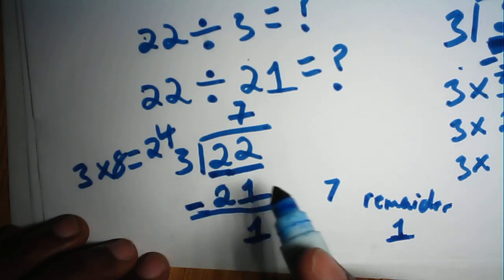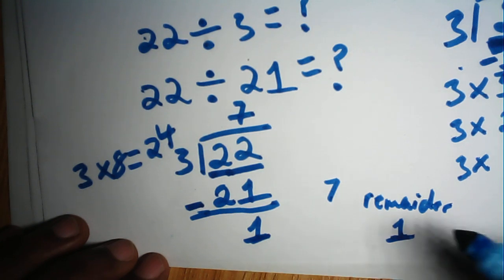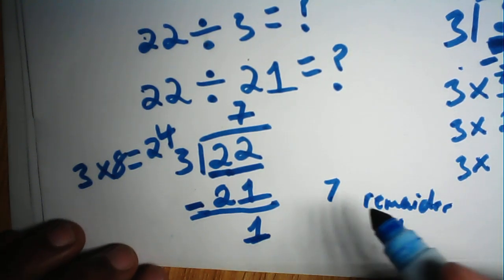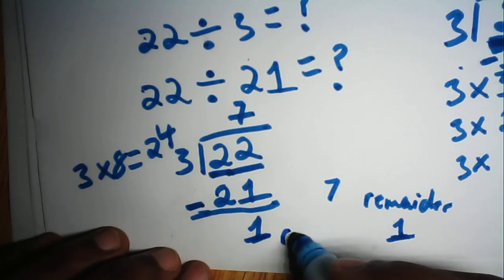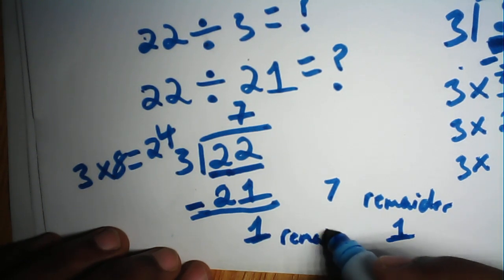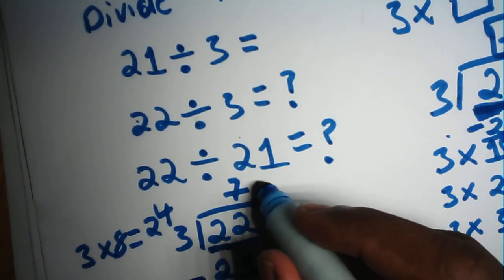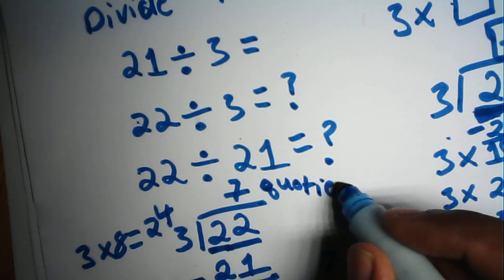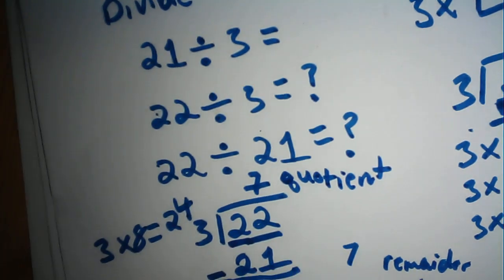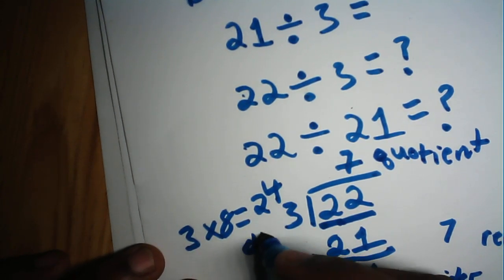Also, sometimes they get really technical and want to see the actual names of the words. Sometimes in the questions they'll ask, what is the remainder? This part is your remainder. The answer part is your quotient. Whatever you're dividing by is called a divisor.